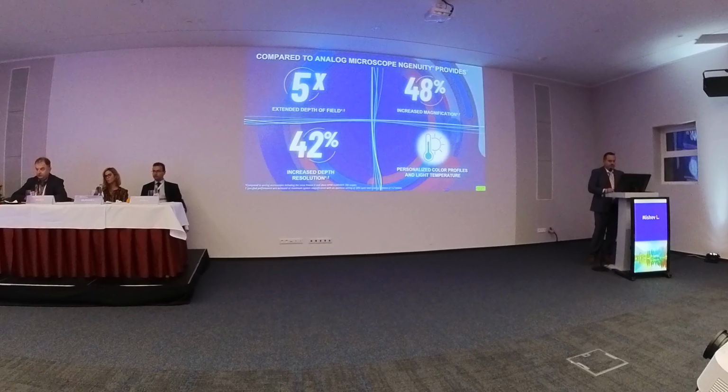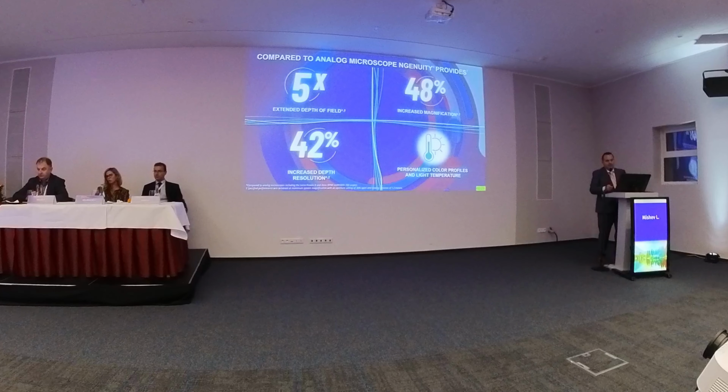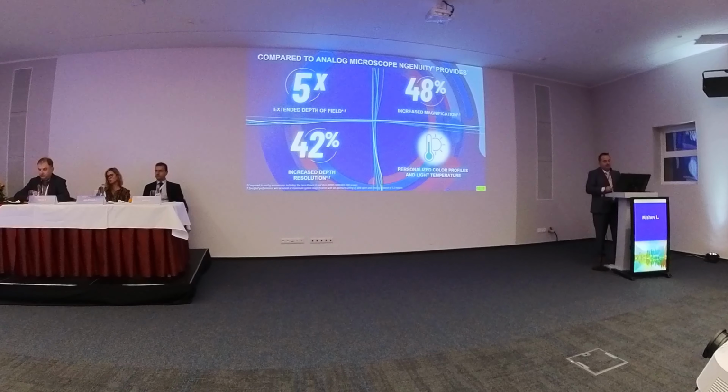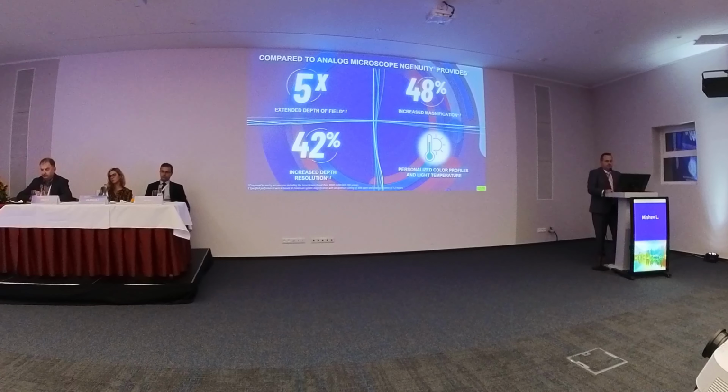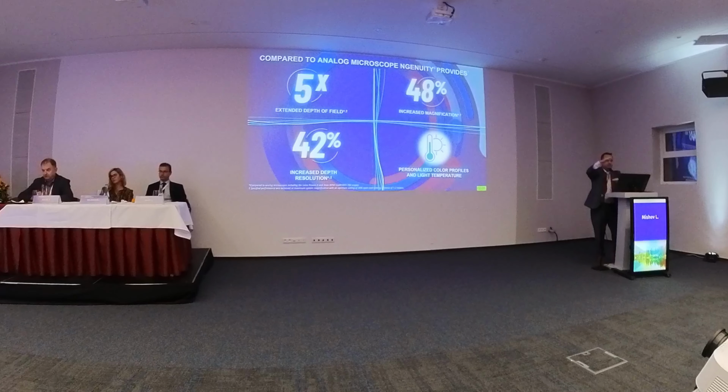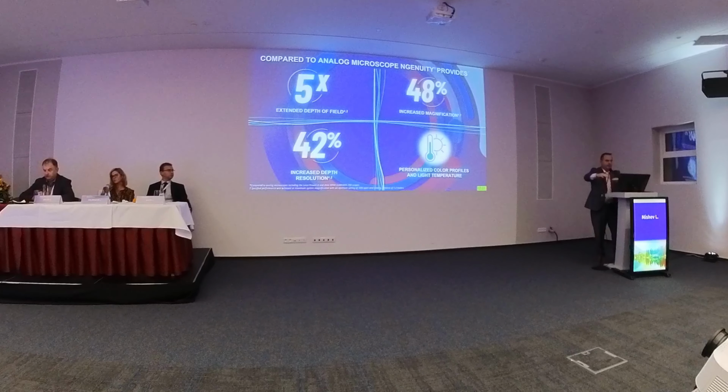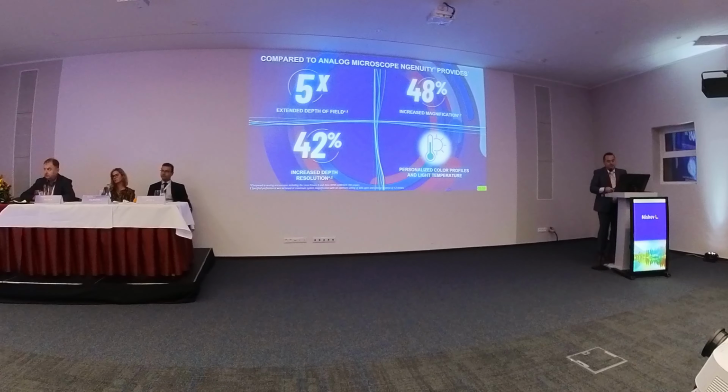But if we compare the analog microscope with Ngenuity, we will see the benefits immediately: 5 times extended depth of field and 42% increased depth resolution. What is the meaning of depth resolution? It means that in the whole depth of focus range, we have equal focus and resolution. So this is important for visualizing the details.